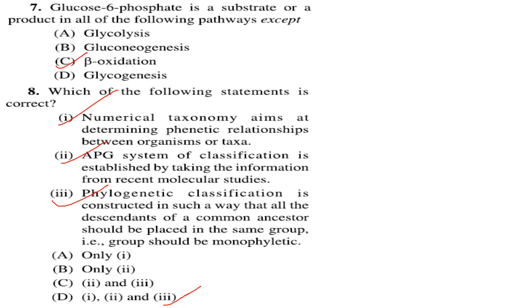That is also correct. Phylogenetic classification is constructed in such a way that all the descendants of a common ancestor should be placed in the same group. That is, group should be monophyletic. That is also correct. So, answer here is option D. That is 1, 2 and 3 are correct.